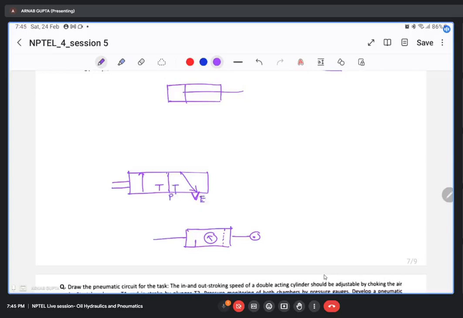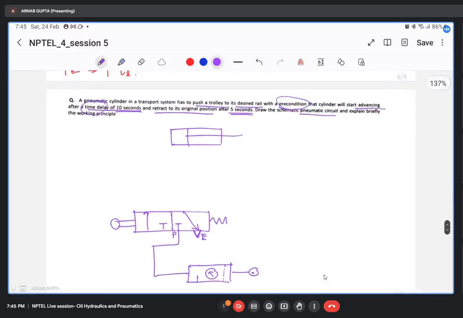And this P is the pressure port. One more thing that needs to be addressed here. The cylinder will start advancing after a time delay of 10 seconds and retract to its original position after 5 seconds. So the retraction is sequenced after the advancing or the extension of the cylinder.